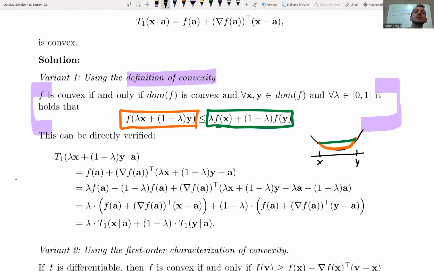So we plug a convex combination into the Taylor approximation around a fixed point a. Where is this value appearing? In the Taylor approximation, it's the x we have here. So we do the substitution, where we substitute the x with this convex combination of x and y.